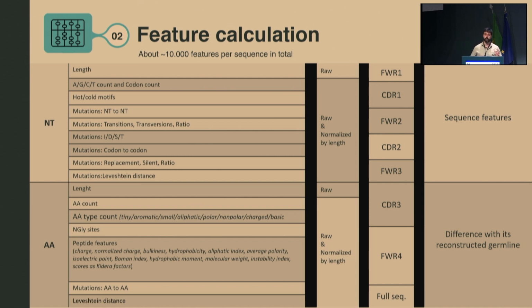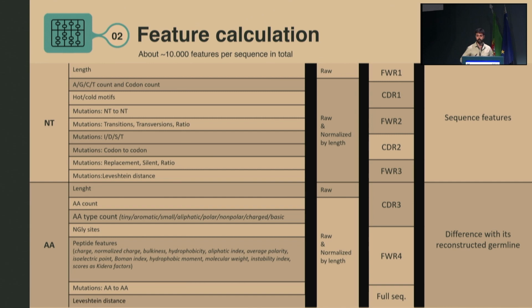And you have these features measured in the repertoire sequence, but also you have the difference between this repertoire sequence and the reconstructed germline. So you know how this has changed. Basically, this table is about 10,000 features per sequence in total, which is a lot.